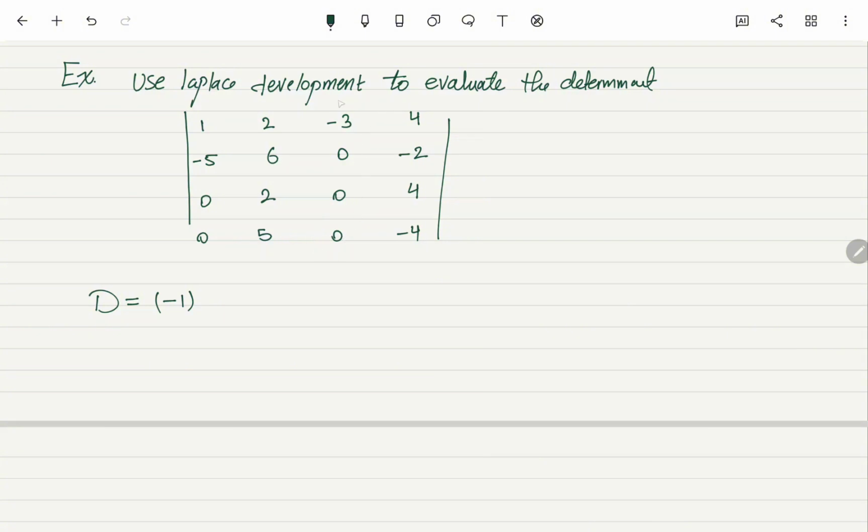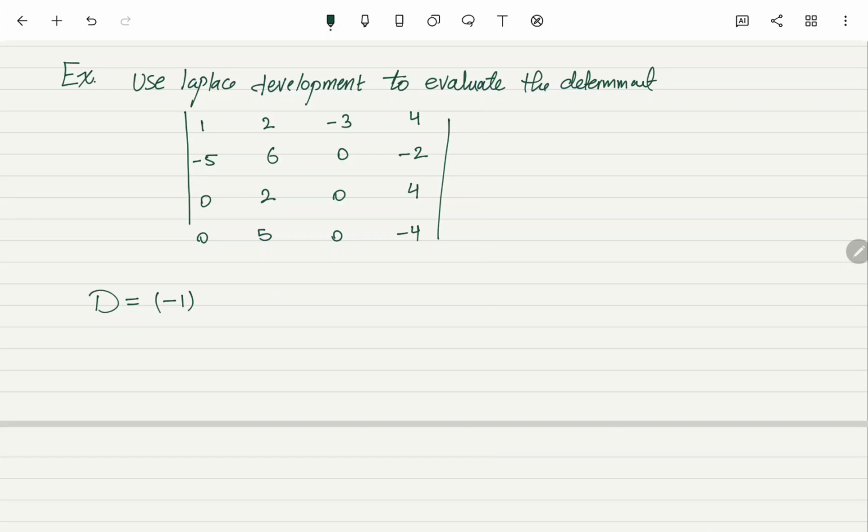So if we pick the third column, this will make things much easier for calculating the determinant. So let's pick the third column. Now it doesn't actually matter which row you pick, so let's pick the first row.